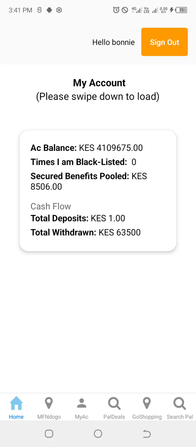Okay, so with these secured benefits, we can contribute to a given beneficiary. Yes, we can. Once we contribute to a given beneficiary, that money will go to the business that created the product. Another person can send their pooled benefits to the same beneficiary, and money will be sent to the business that created that particular product.